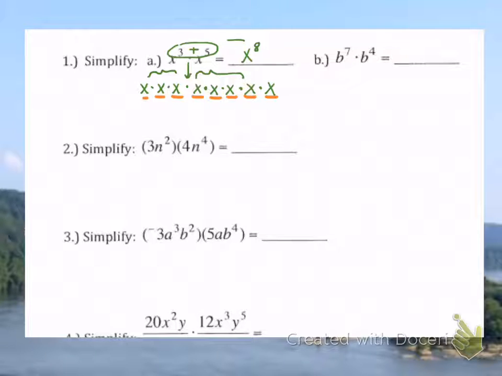Let's look at that same idea with example B. We can expand b to the 7th out to 7 factors of b. And then we can expand b to the 4th as 4 factors of b.